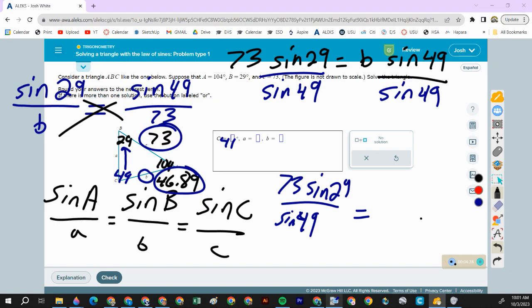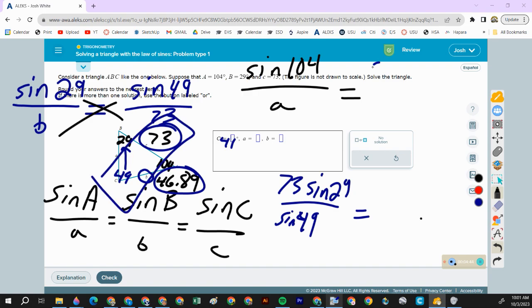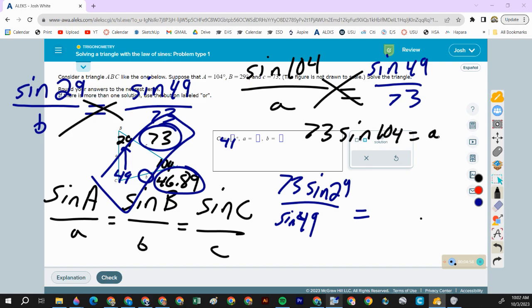All right. Now we need to calculate side A. So the sine of 104 over A is equal to, and we'll just use this again, the sine of 49 over 73. Cross multiply. 73 sine of 104 is equal to A sine of 49.